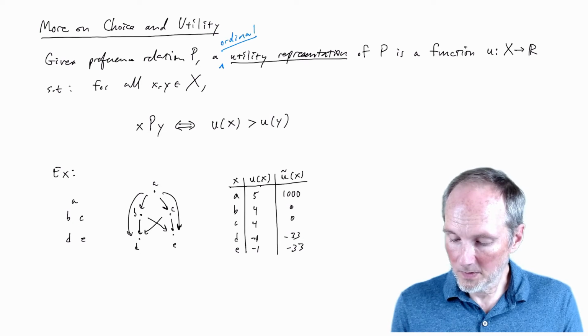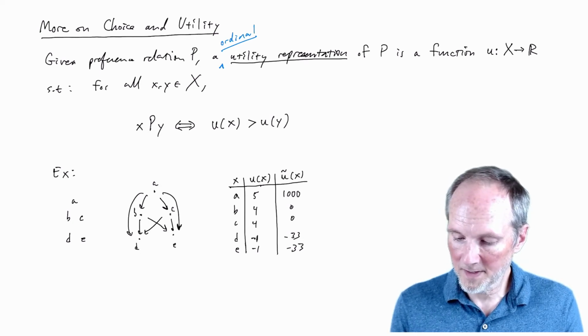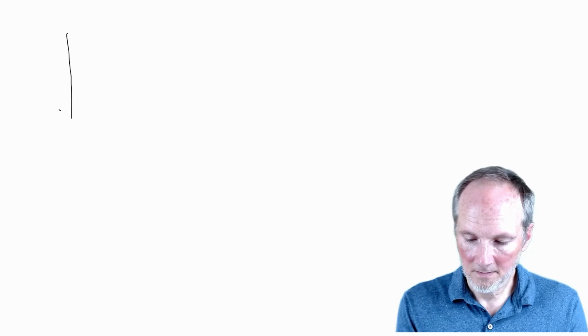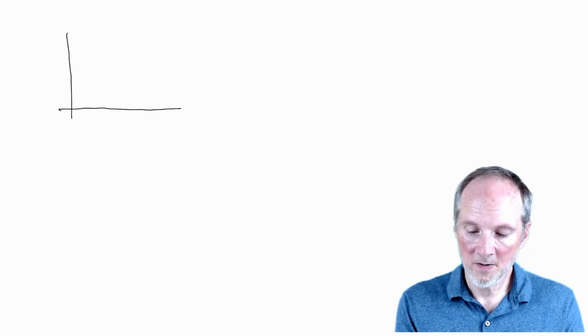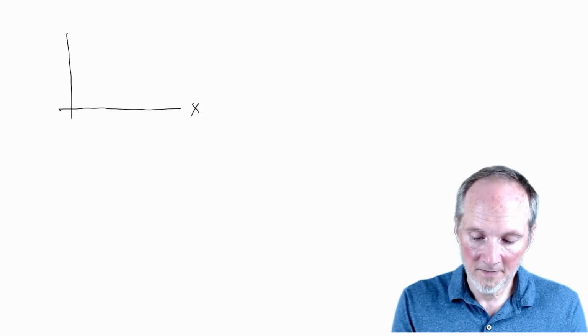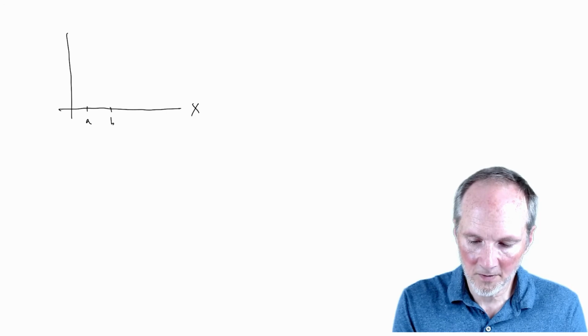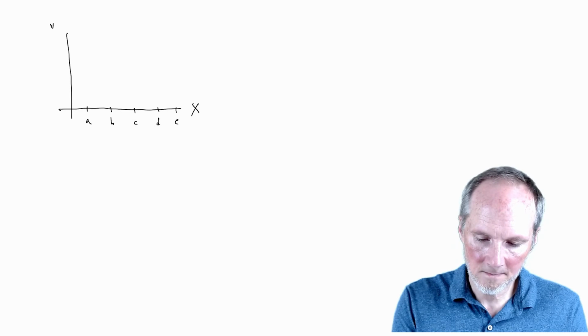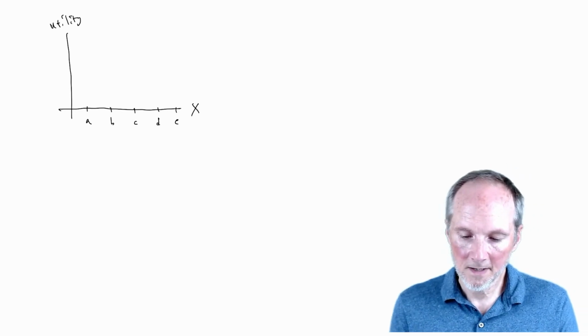Now, if you don't want to use a table, if you want to think about things graphically, I should mention you can also do that. Here I'm going to use the horizontal axis for the alternatives. Even if they're not numbers, I'm just going to put them here in alphabetical order. And then I'll use the vertical axis for utility.